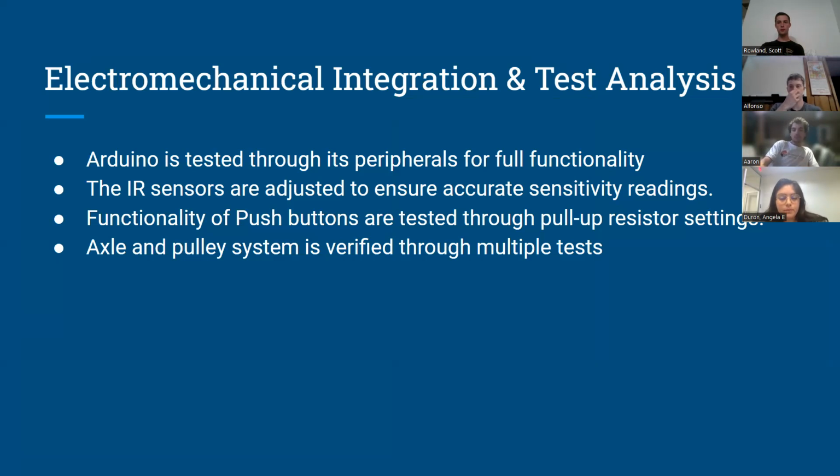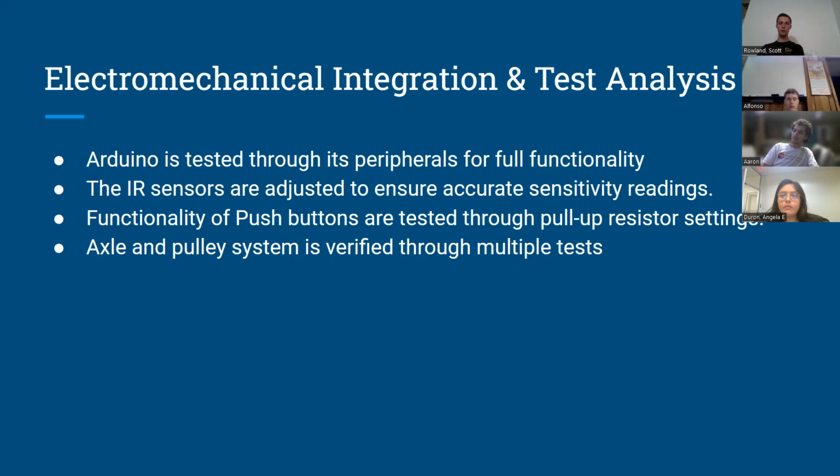So the electromechanical integration and test analysis consists of the Arduino assisted through the peripherals for full functionality, where the IR sensors are adjusted to ensure that the platform will stop at the desired level accordingly. Functionality of the push buttons are tested to make sure that it behaves properly. This comes with the pull-up resistor configuration on the Arduino board.